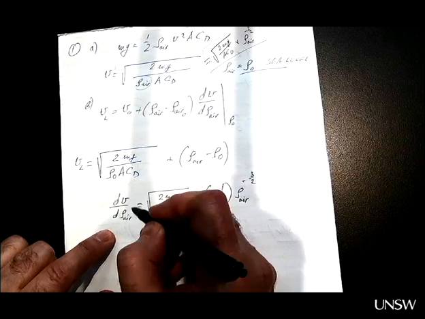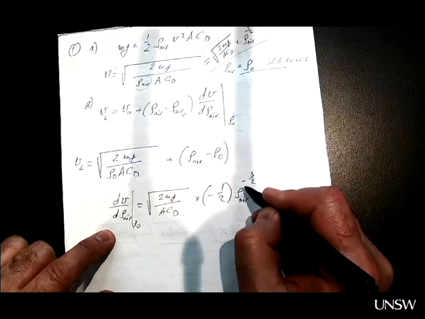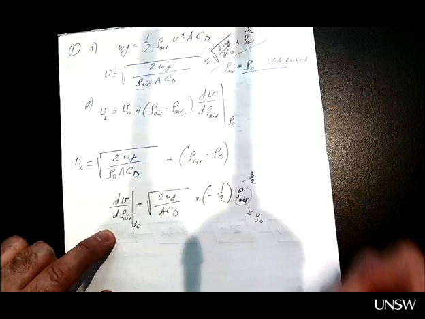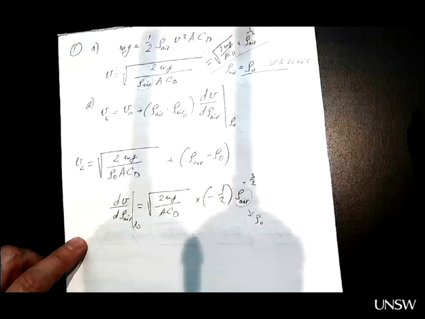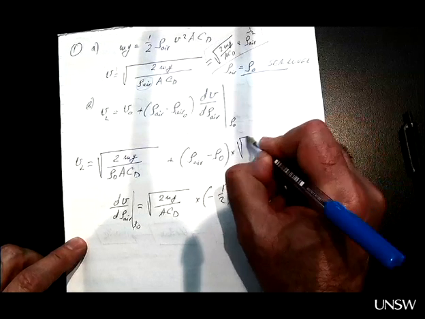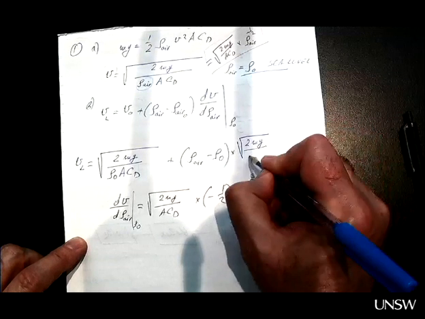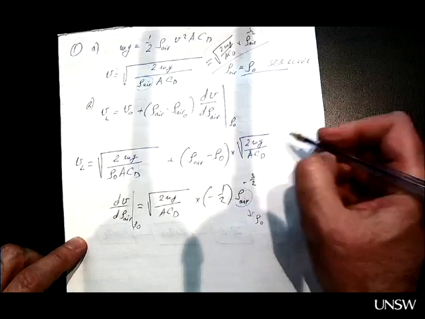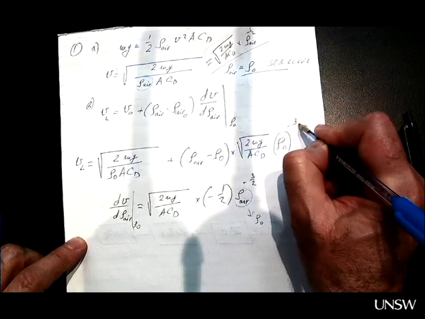But I want the derivative at the operating point, so this will be rho naught. Okay, so down back here, so it is times square root 2 mg over ACD times rho naught to the power of minus 3 by 2.